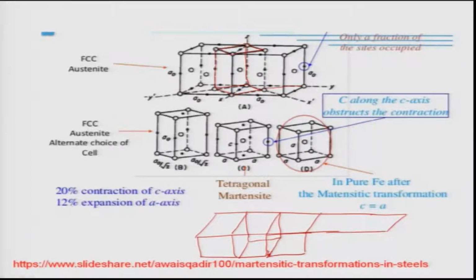If I draw only 3, now I can actually generate these unit cells very easily. This is one BCT, this is another one. This is the way you can generate many unit cells.